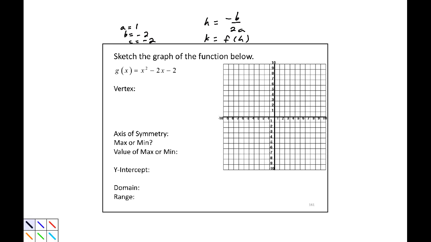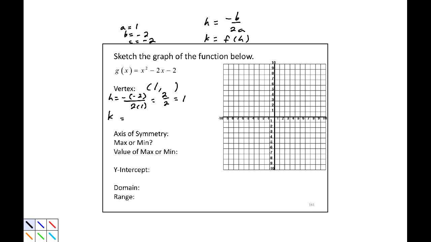Let's use the space down here. H equals negative b, well that's negative, negative 2, note the two negative signs, divided by 2 times 1. So that would be positive 2 divided by positive 2, or 1. So my vertex is 1 comma something. I'm going to evaluate my function at 1 to find k.